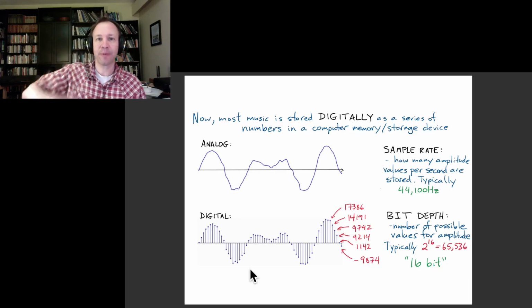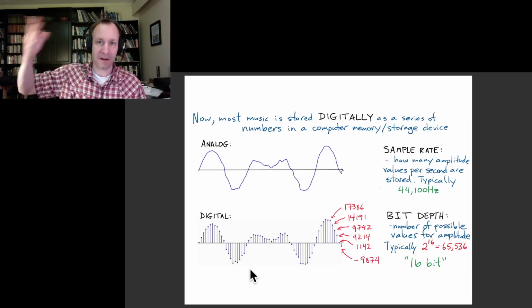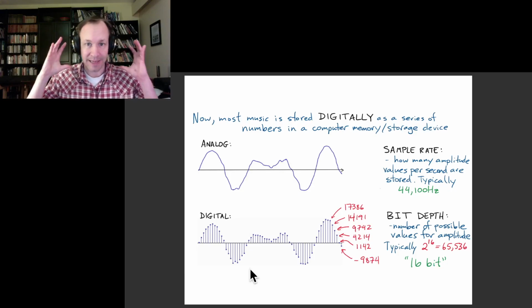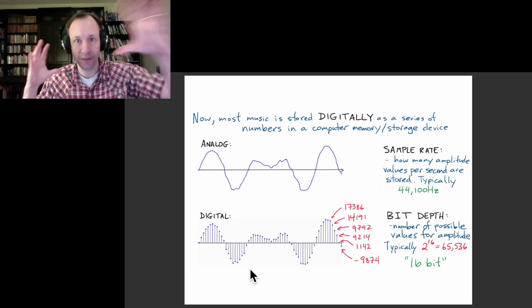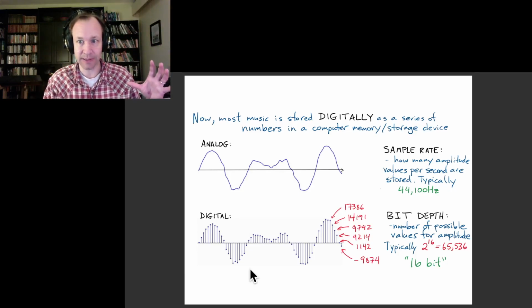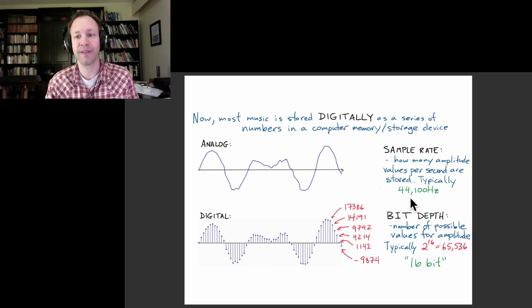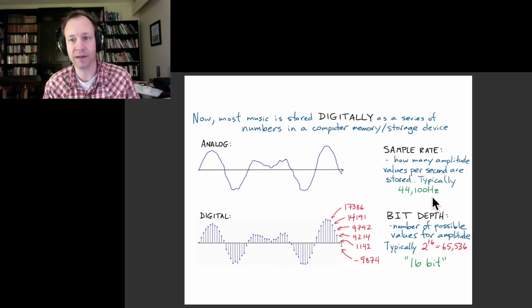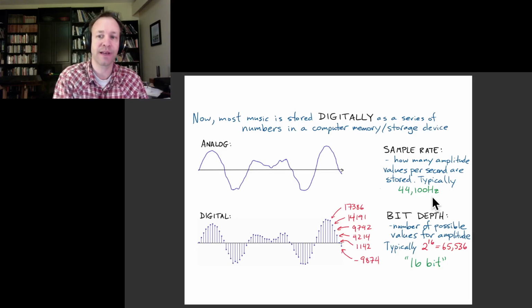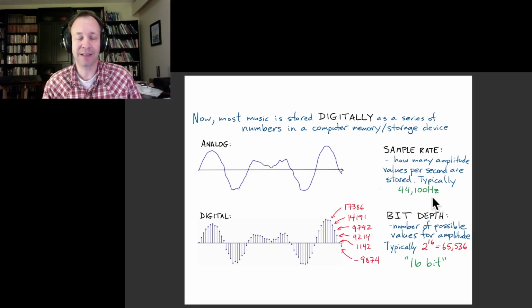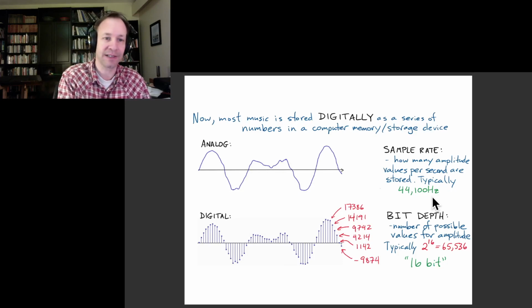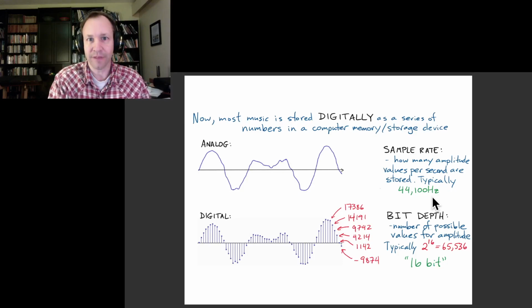So this is typically a very high frequency, higher than the kinds of frequencies that we can hear, and there's a good reason for that I'll explain shortly. A very common value would be 44,100 hertz. That means that 44,100 times per second, the analog to digital converter is looking at that electrical signal and seeing what the value of the current would be.